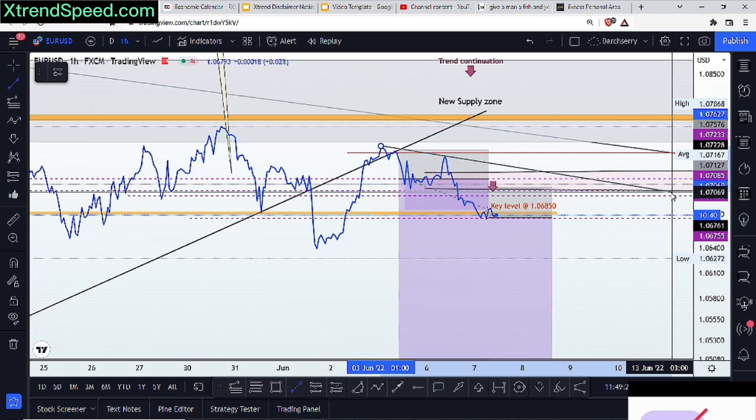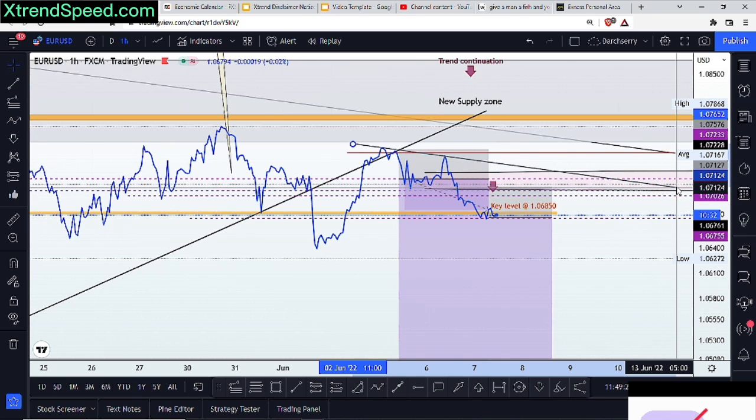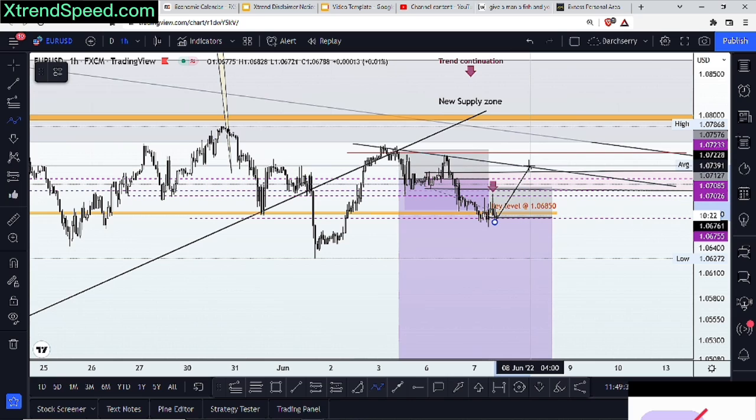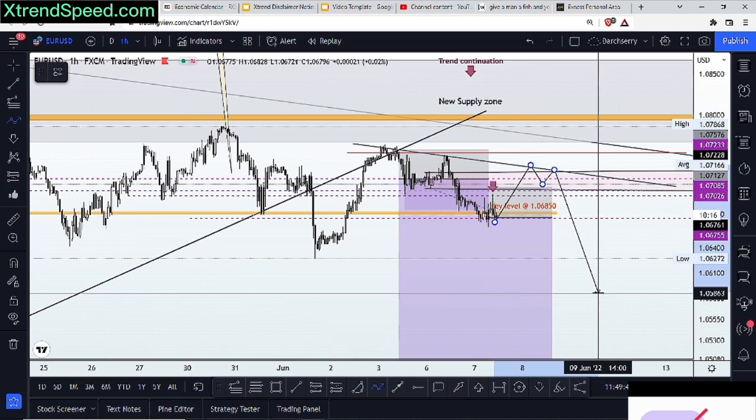If we have a rejection of that area, that is, if we have a retest of that bearish trend line here, then we look for patterns that support a trend continuation to join the decline to the downside. So that's one other scenario that I want to be looking out for.